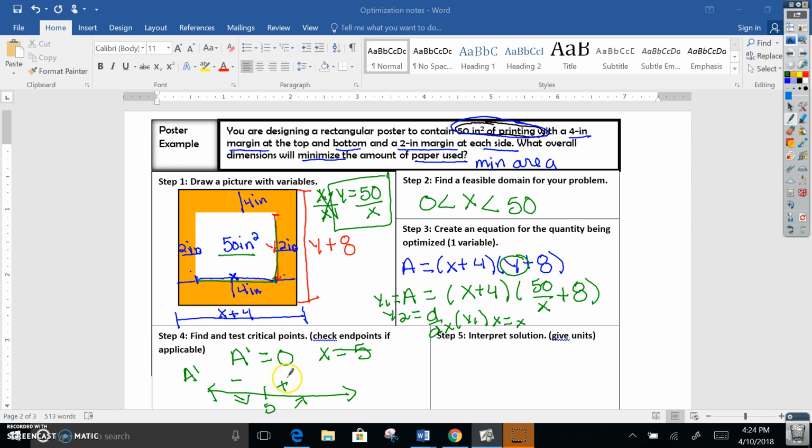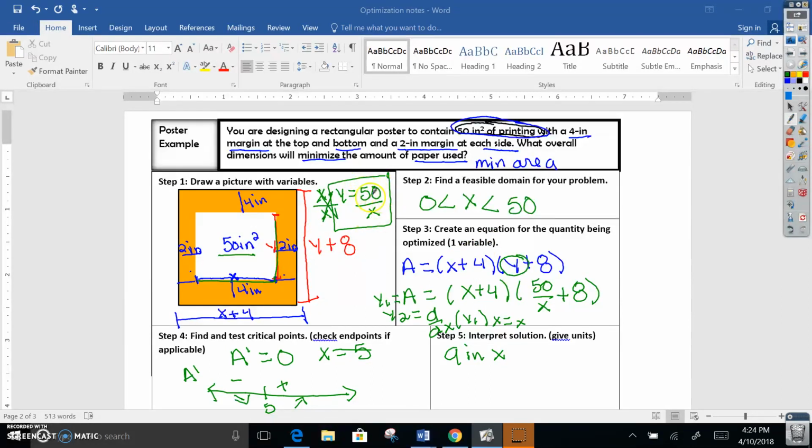And then finally, let's give our answer. It says, what dimensions will minimize the amount of paper used? Dimensions are the dimensions of the overall poster. So if x is 5, we can say that we're going to have a 9-inch by y plus 8.